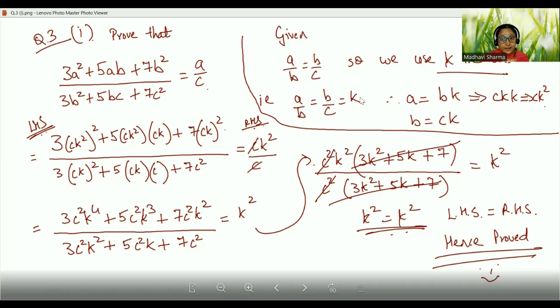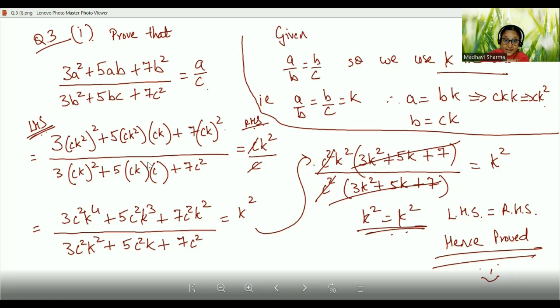If B is equal to CK, therefore A will be CK into K, which is CK square. Wherever I have A, I will substitute it as CK square. Wherever I have B, I will substitute it as CK.